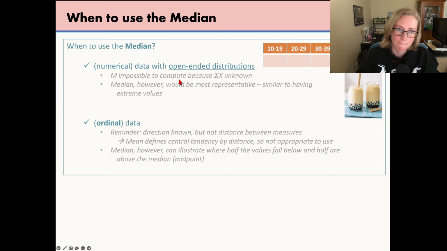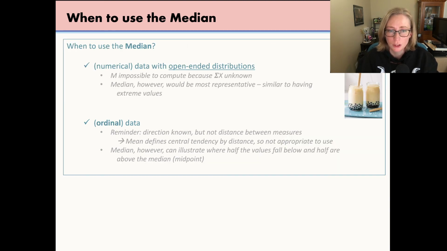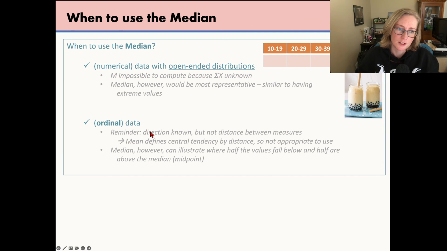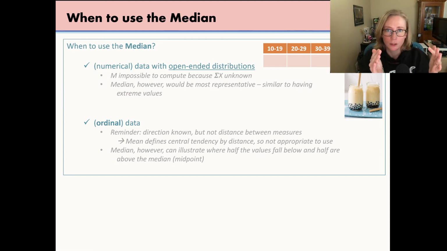Okay. So those were all numerical data: numerical data with extreme scores, numerical data with values that we don't actually know. Same here, values we don't know because it's open-ended. And there's another one, if it's ordinal data. We know the direction, but the distance between measures is unknown. So we use the median, because without knowing the distance it's not possible to calculate the mean.